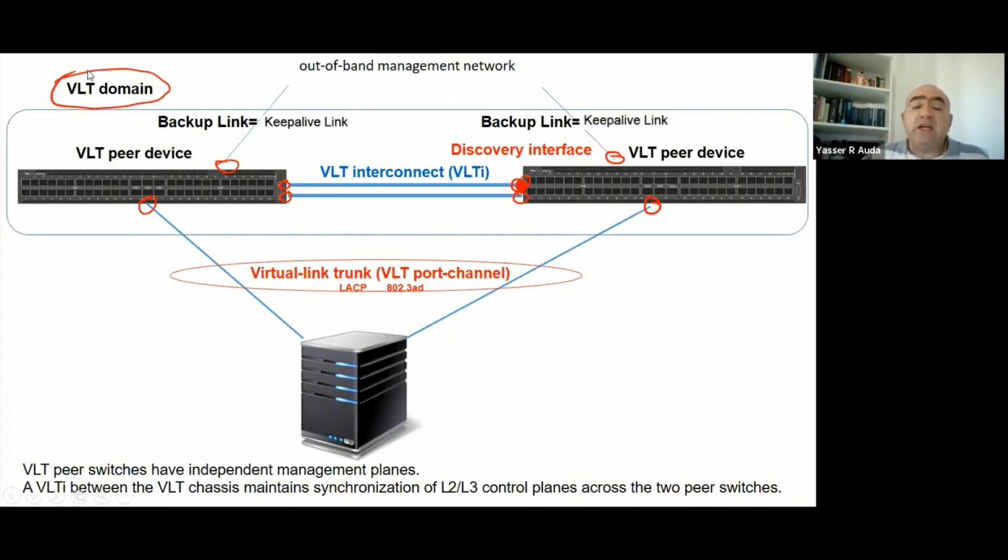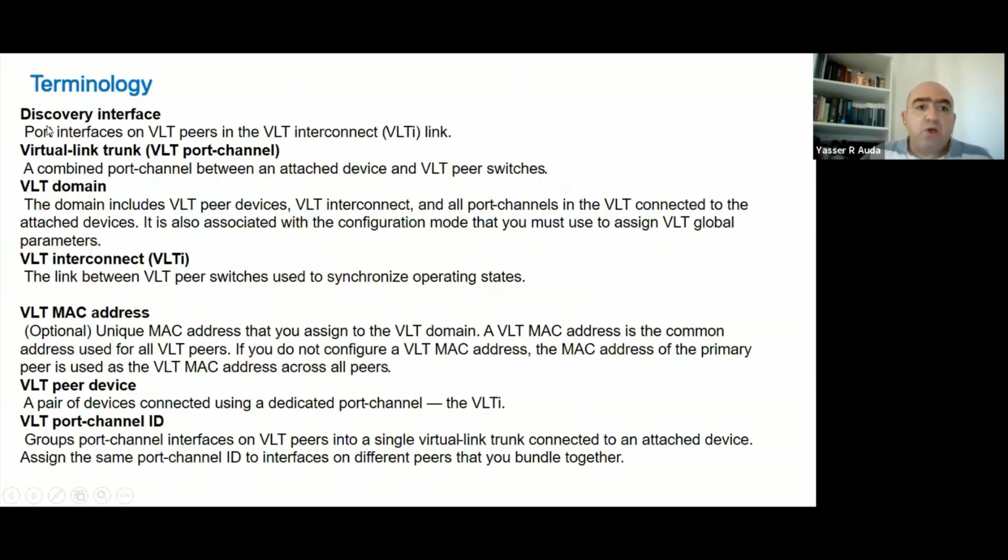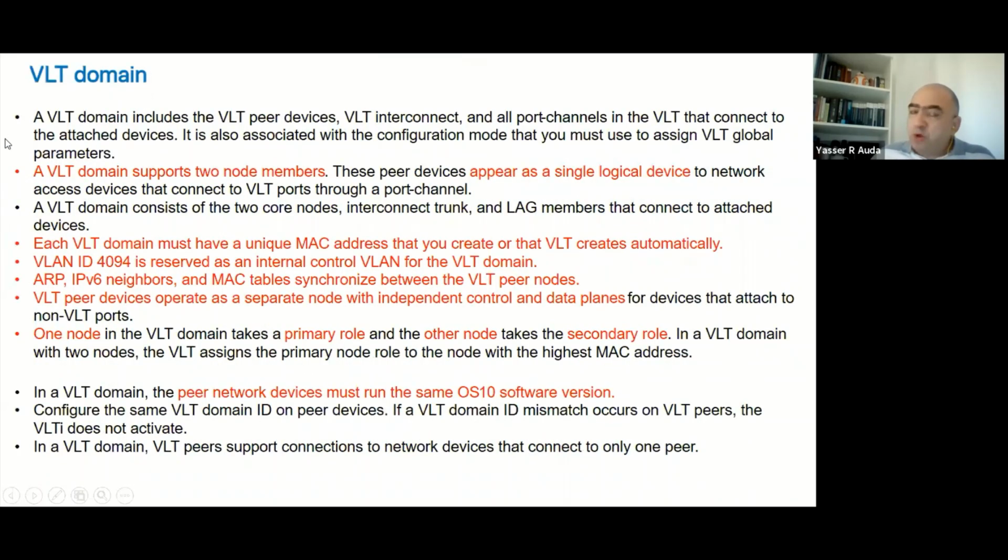And any VLT domain will support two devices, two node members, so one pair. They will appear as a single logical device. Each VLT domain will have a unique MAC address that you create or that VLT creates automatically.